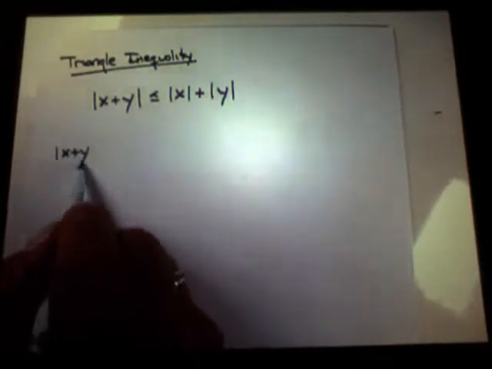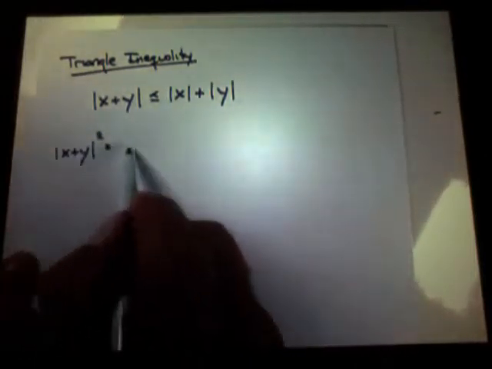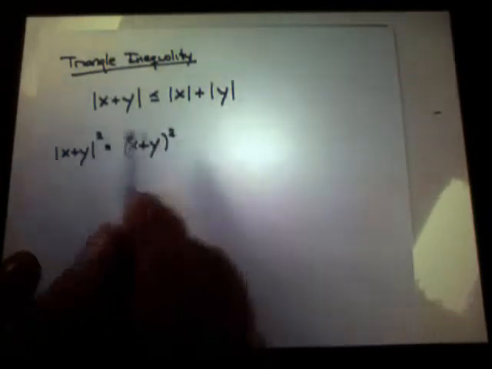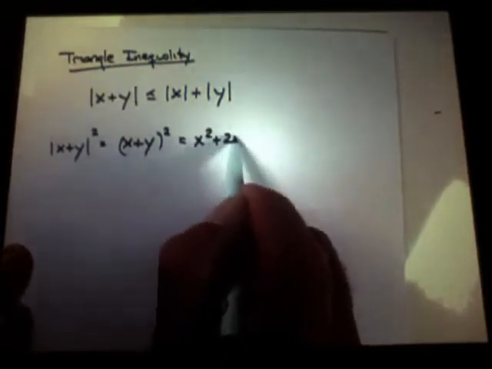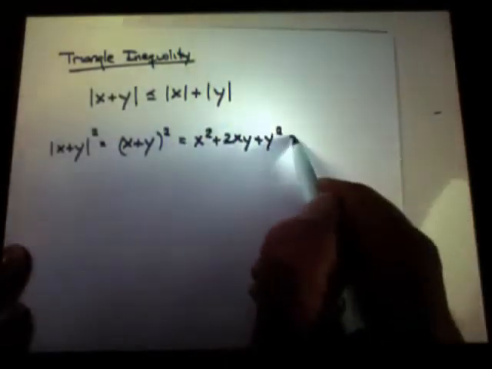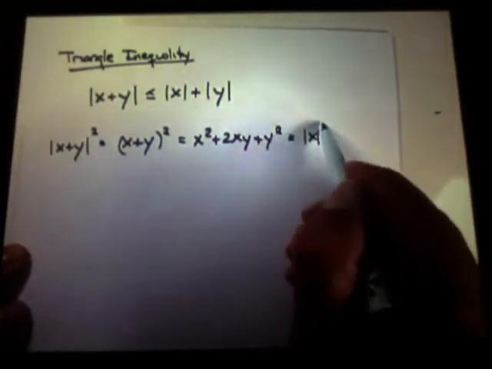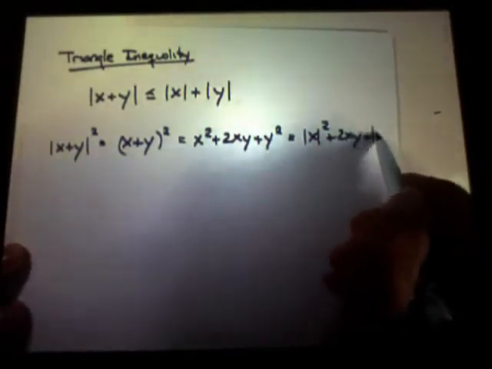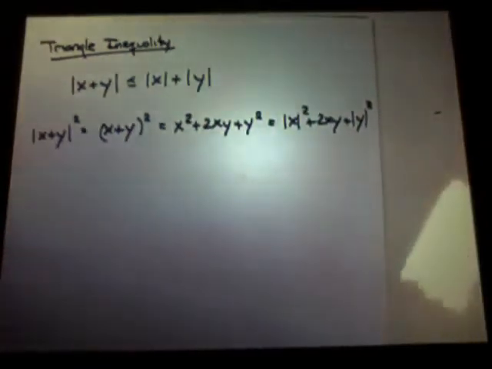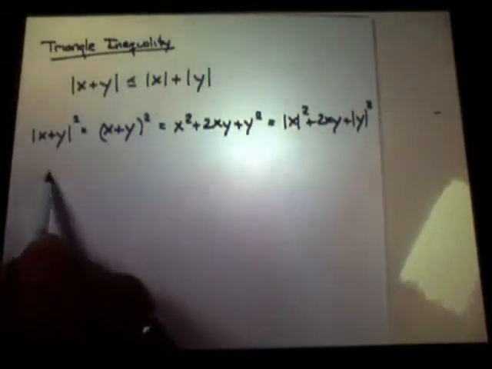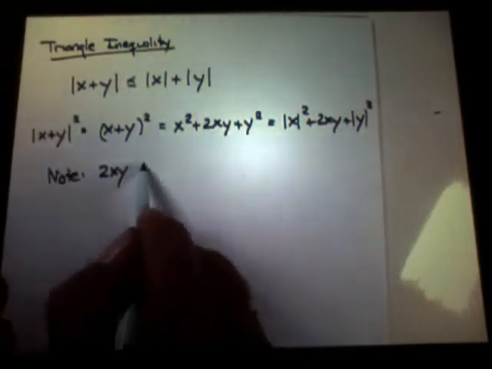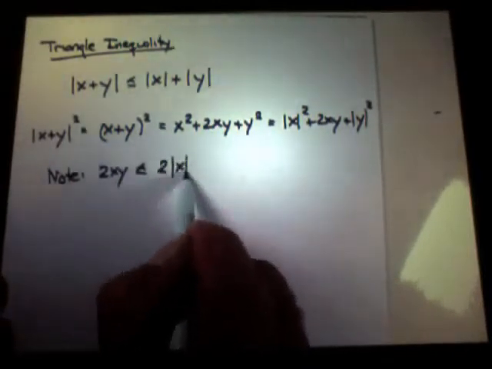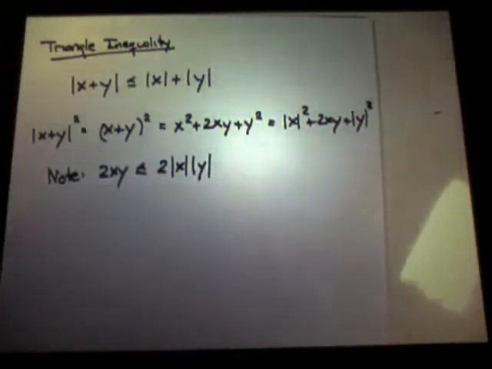Well, here's one. |x + y| squared is the same as just (x + y) squared, right? Because it's positive. And that's x squared plus 2xy plus y squared. And then that's the same as |x| squared plus 2xy plus |y| squared, right? Every time you have a square, you can substitute its absolute value. Note that 2xy is never greater than 2|x||y|. Do you agree with that?